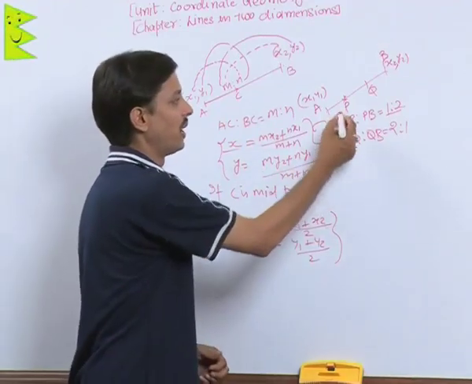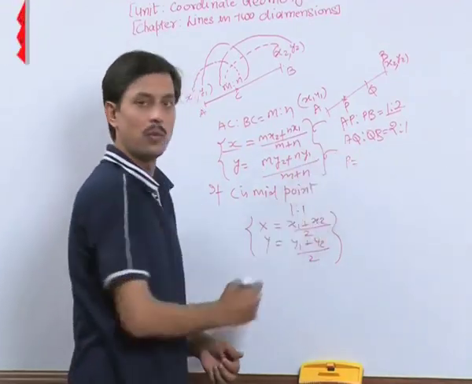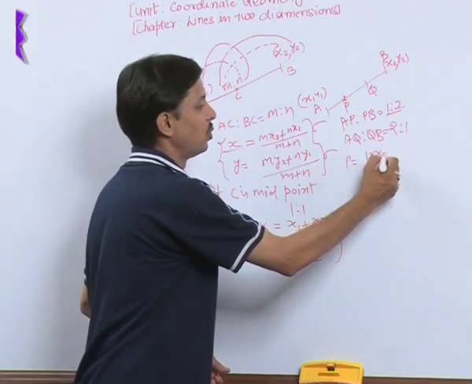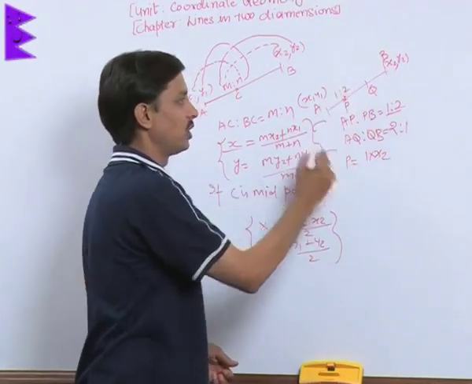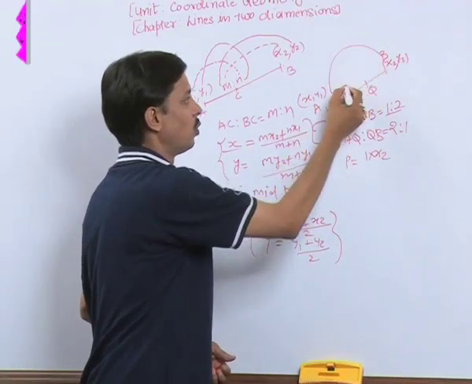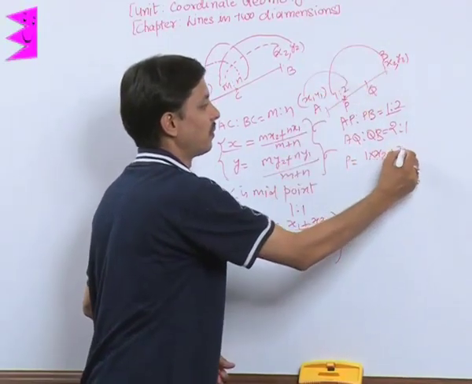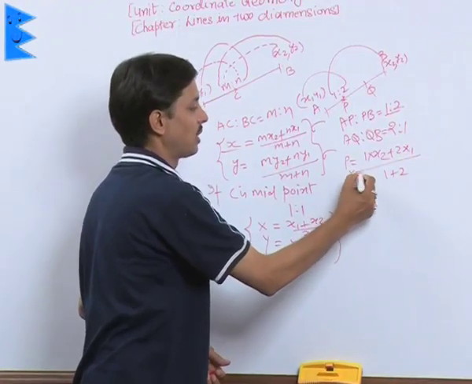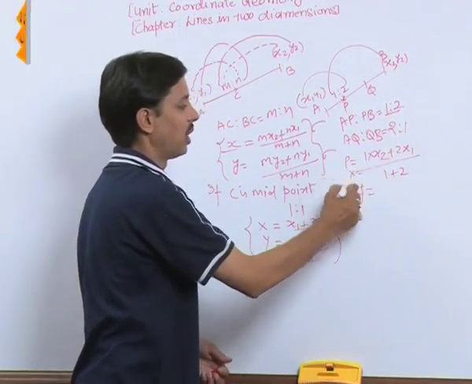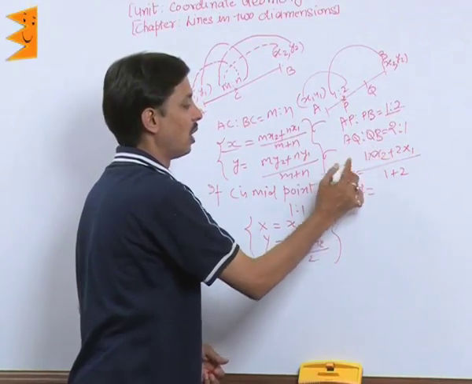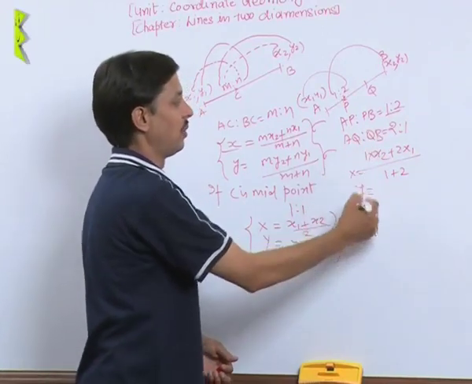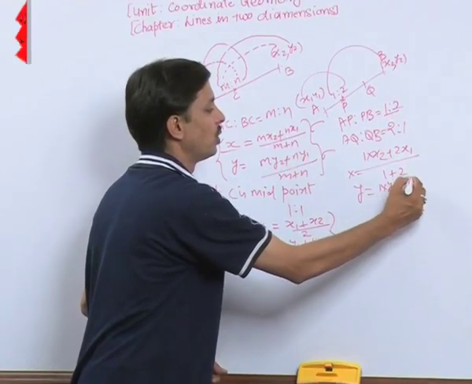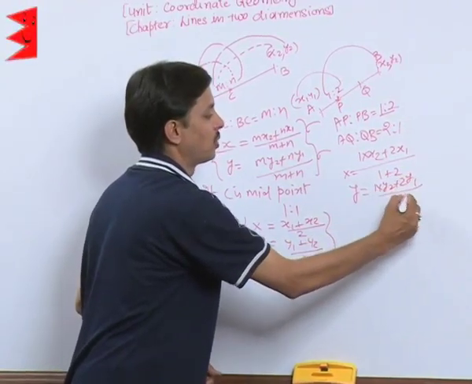So if you want to find the coordinates of the point P, the first trisection, it will be 1 into x2 plus 2 into x1 upon 1 plus 2, because 1:2 is the ratio, and this is the value of x. Similarly, the value of y at P will be given by 1 into y2 plus 2 into y1 upon 1 plus 2.